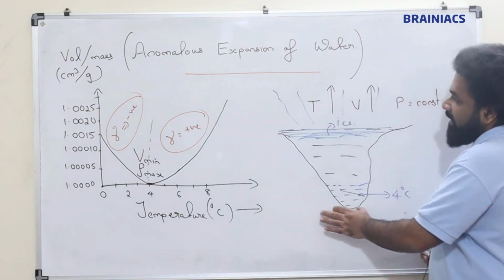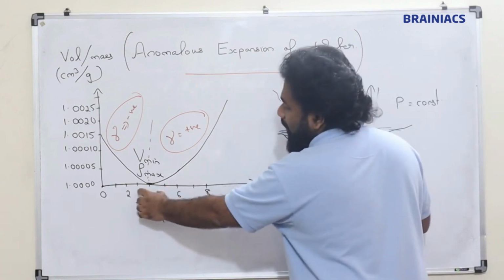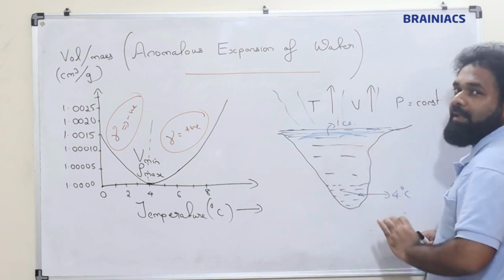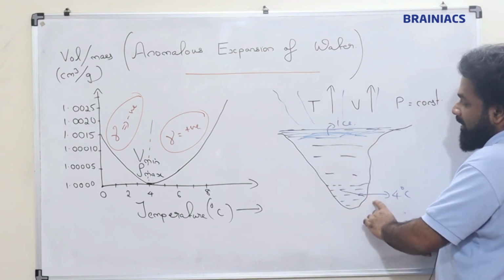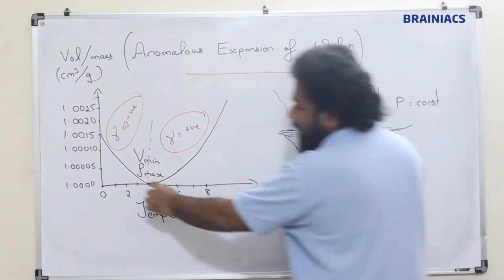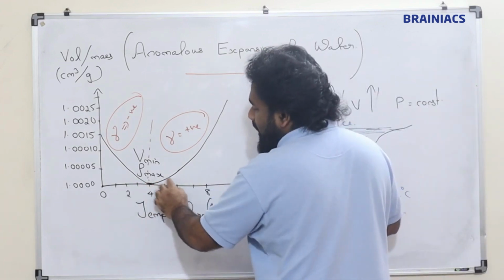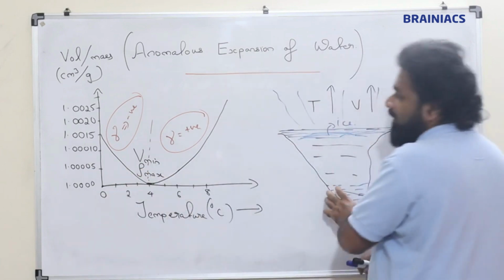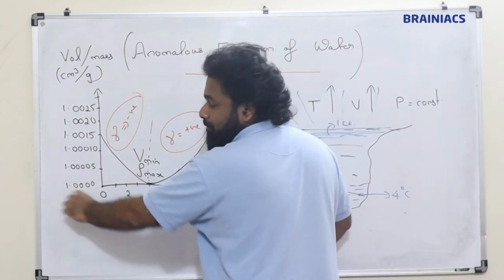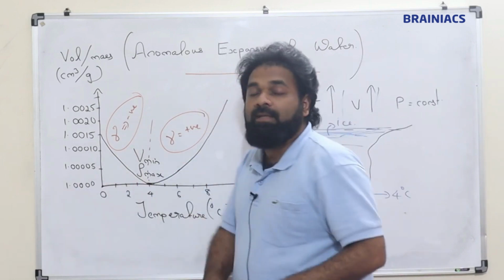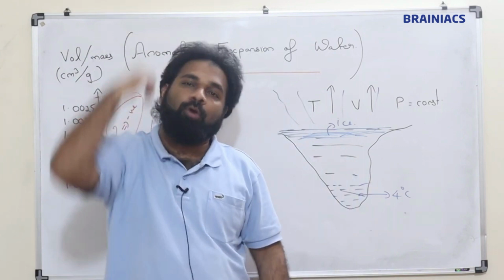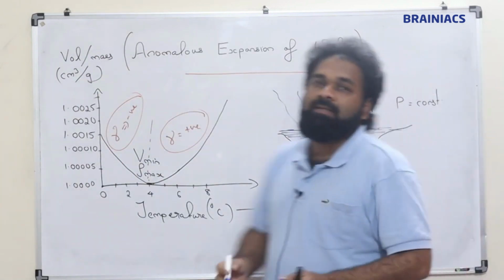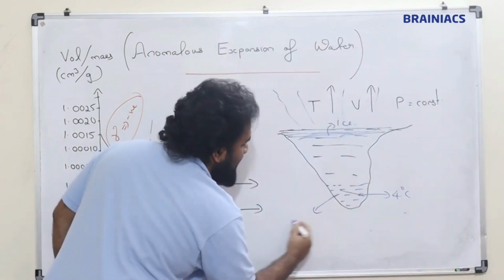Since the density is maximum at 4 degrees Celsius, at the bottom of the lake some water will be there. It may be 4 degrees Celsius, or 2 degrees Celsius or 5 degrees Celsius, all this water will be at the bottom. Here comes the ice. That is less dense, so it will be at the top. So the advantage is that aquatic animals can survive here in winter.